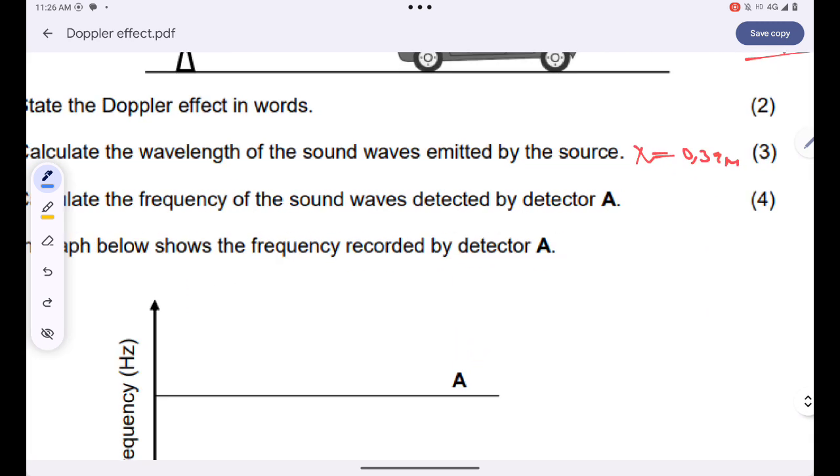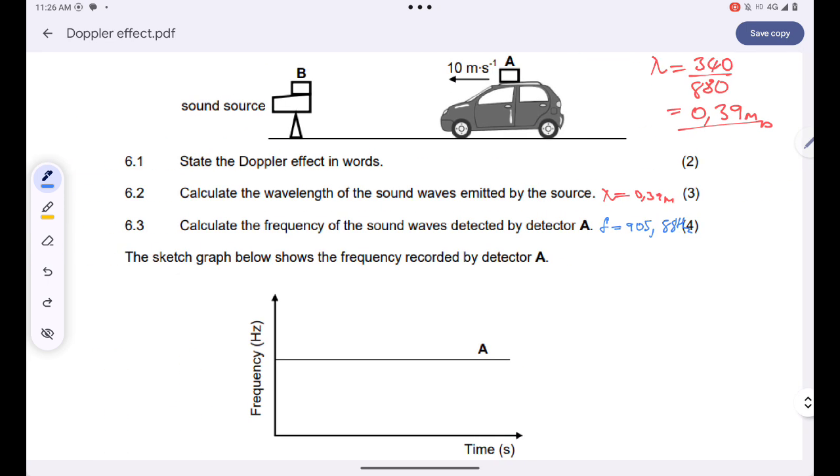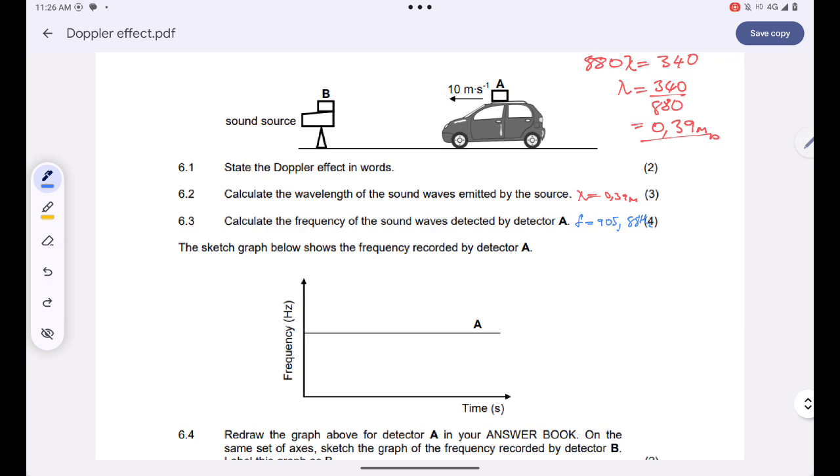So detector A will detect a frequency of 905.88 hertz. Okay, then now we are told that the sketch below shows the frequency recorded by detector A, and the frequency we got is 905.88 hertz.